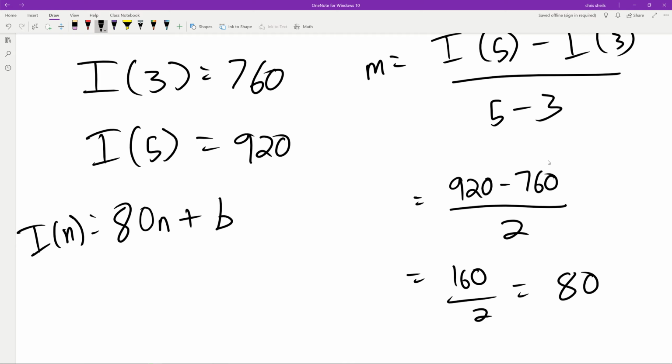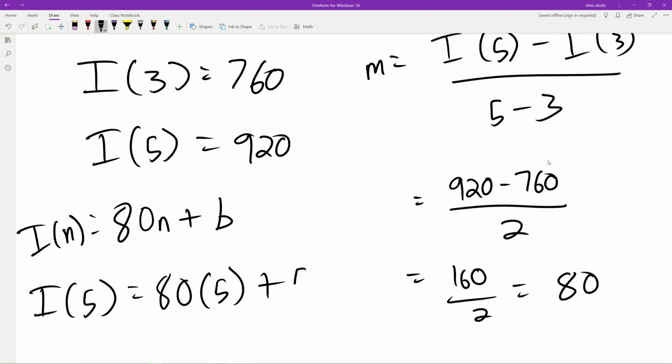In order to find this b, I once again have to choose one of these things and plug it in. Let's say I choose I of 5. This is equal to 80 times 5 plus b, right? Because I of 5 is what I get whenever I plug 5 in for n.